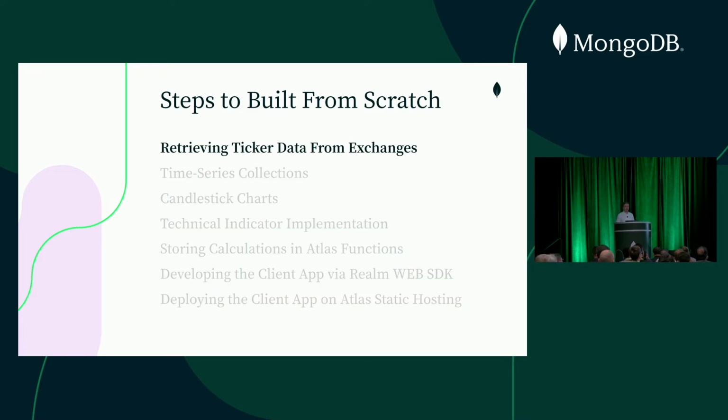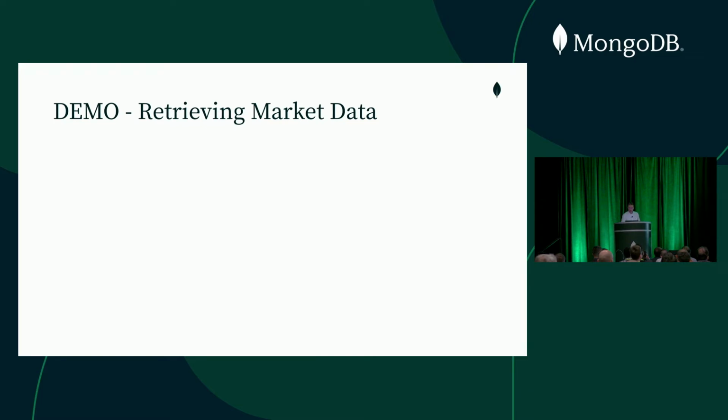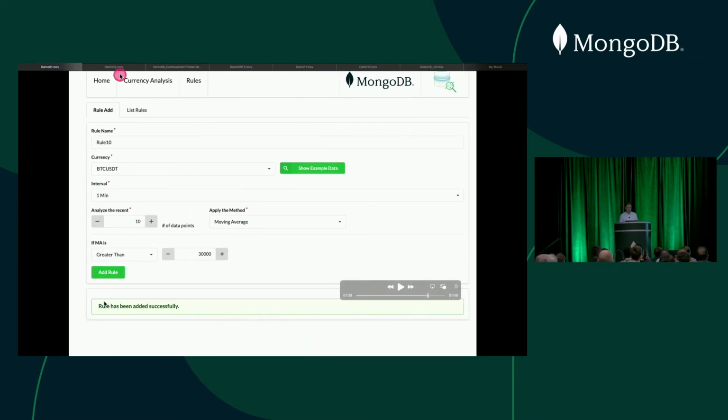Okay, let's get started with retrieving data from the exchanges. I use two well-known cryptocurrency exchanges, Binance and Coinbase, and both provide API access to retrieve market data, okay? Let me show you quickly how it works.